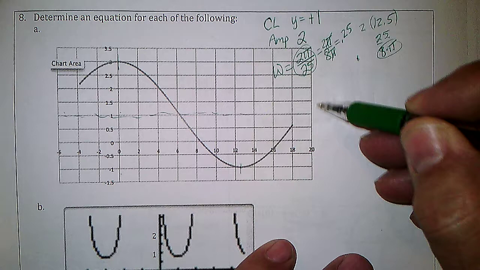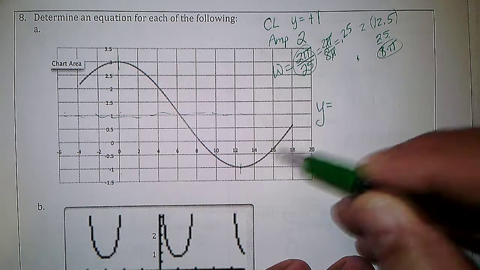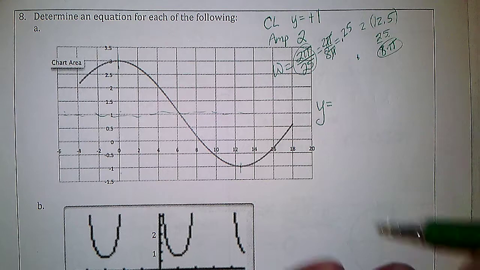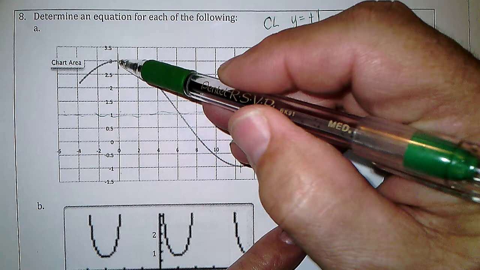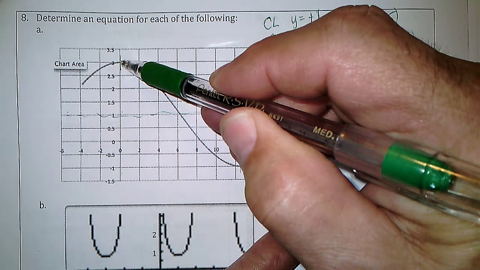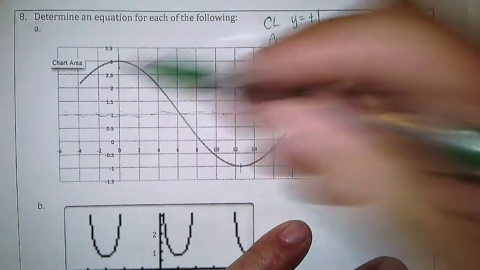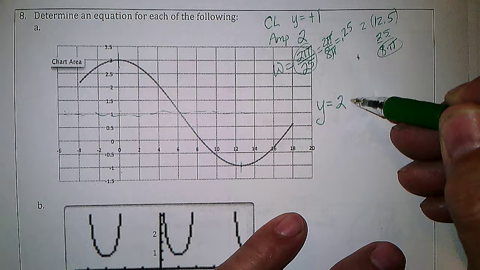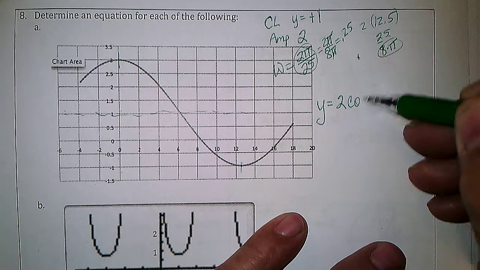So we're going to have a y equals. Don't forget the y equals when you do the retest, or I'll take a point off. We have a curve that's starting at the top and right on 0. Starting on the top, it's got an amplitude of 2, starts on the top, that's cosine.